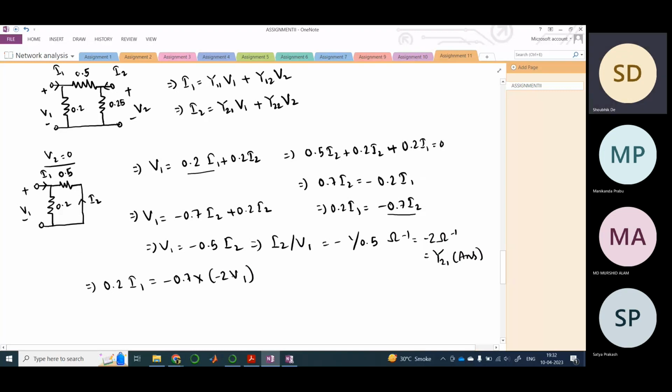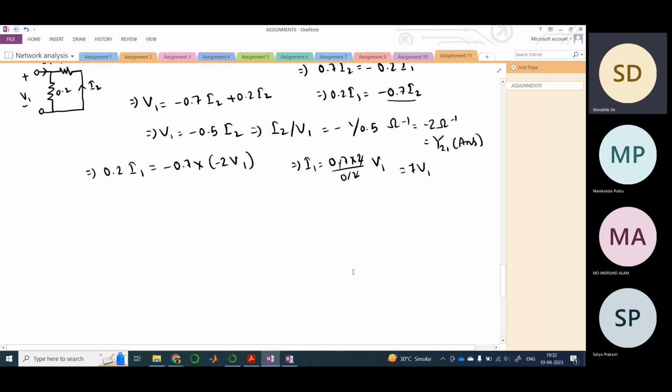And so this minus minus gets cancelled. So I1 is 0.7 into 2 by 0.2. So this gets cancelled, and this is V1. So it's 7 V1. So I1 equals 7 V1. Therefore, Y11 is I1 by V1, it's 7 ohm inverse. Okay. So this is the first part.